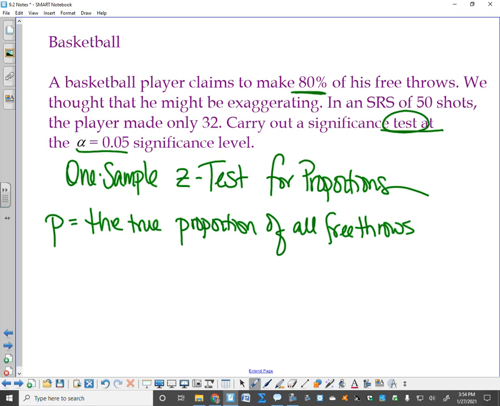It's the true proportion of all cars that are red. All his free throws is your capital N. I want the proportion of those free throws that he makes. That's what makes it a P.